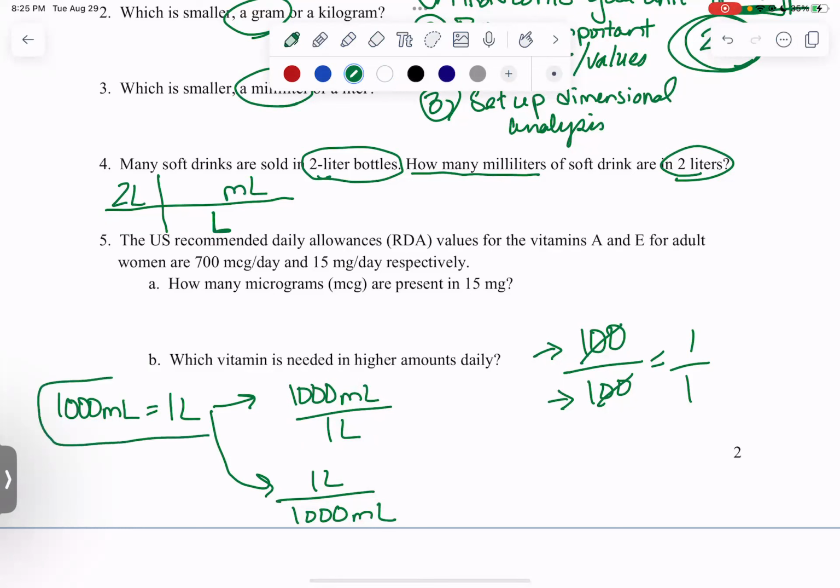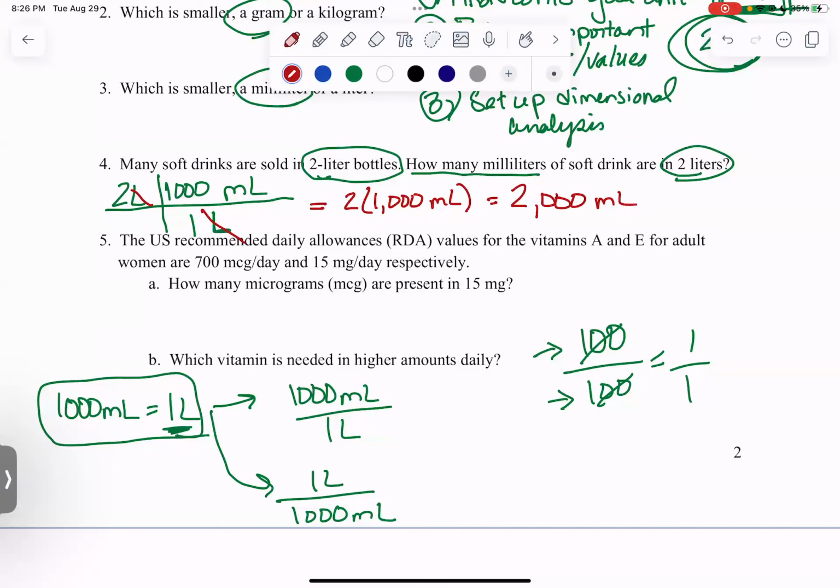So I go back here and say, okay, 1 liter is equal to 1,000 milliliters. My liters on the bottom and on the top cancel out. Now I'm left in units of milliliters, which is great. All I have left is to do the math. 2 times 1,000 milliliters is equal to 2,000 milliliters.